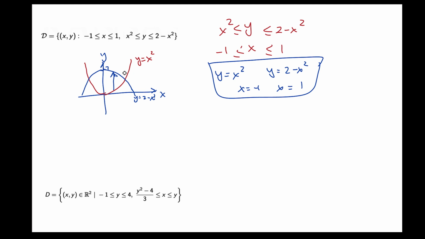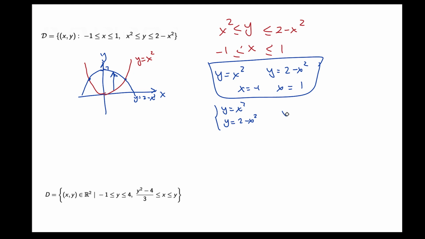So the arrow tells me that. Now, the other part is that this situation doesn't hold after you hit the intersections. So let's find the intersections. Intersect y equal to x squared with y equal to 2 minus x squared.